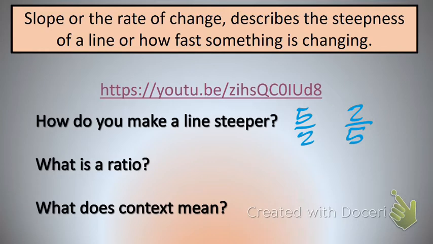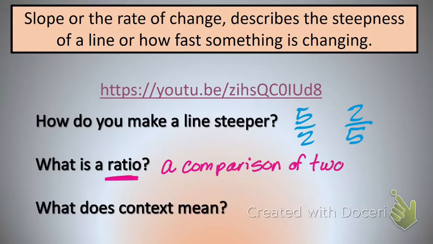Okay? Who remembers what's a ratio? Go ahead and write that word down too. What is a ratio? This is a vocabulary word from last year. Anybody remember? So ratio means, go ahead and put this down, a comparison of two things. So slope is also a ratio because we're comparing rise to run.